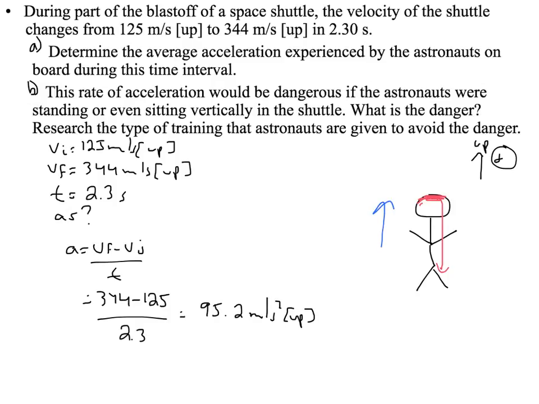It doesn't actually leave your body like my drawing kind of looks like, but what you end up with is a lot of blood in your legs, and less as you move up. The less blood you have in your brain can cause things like blackouts, which would be very dangerous if you're trying to fly a spaceship.